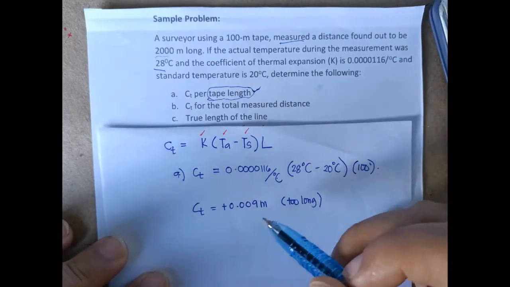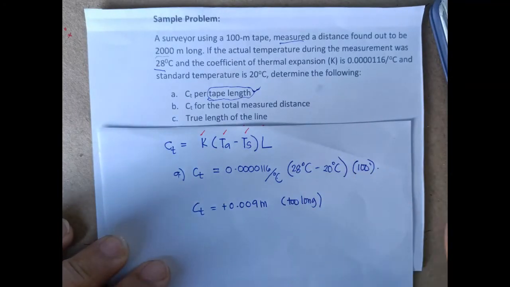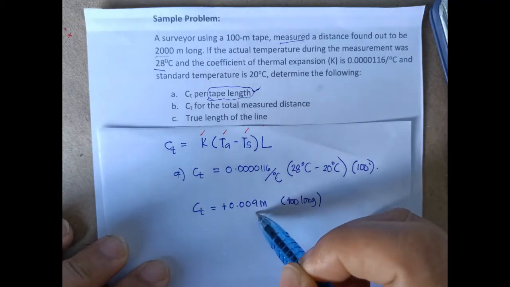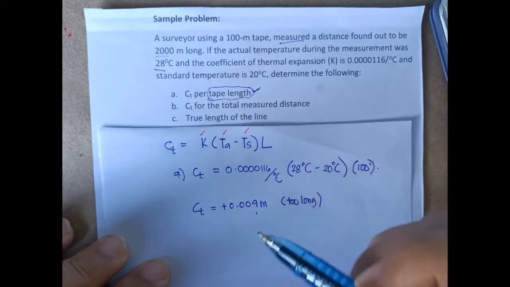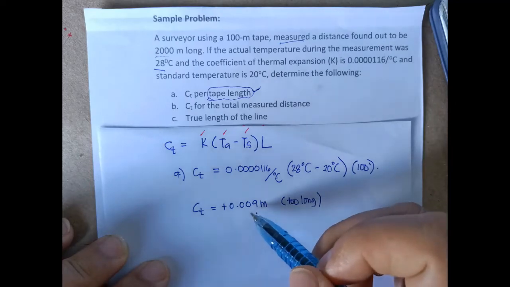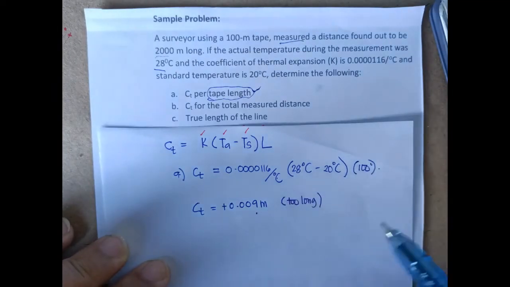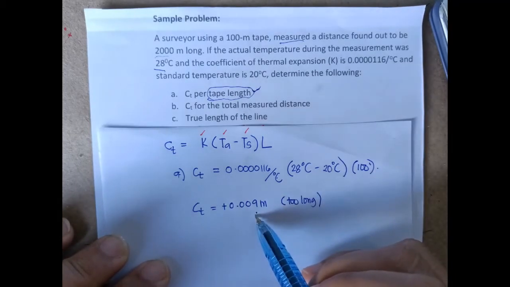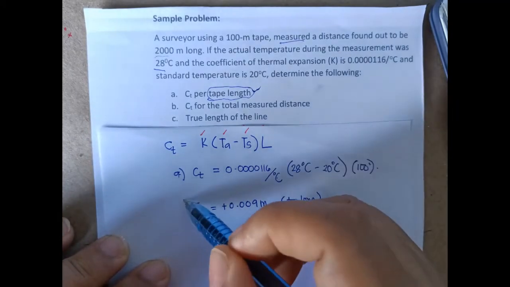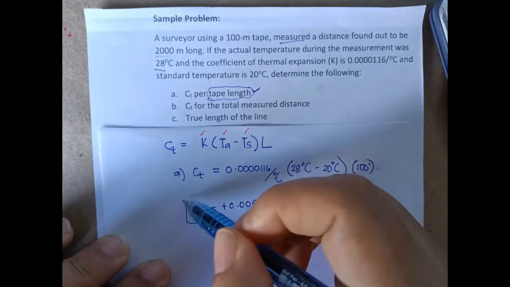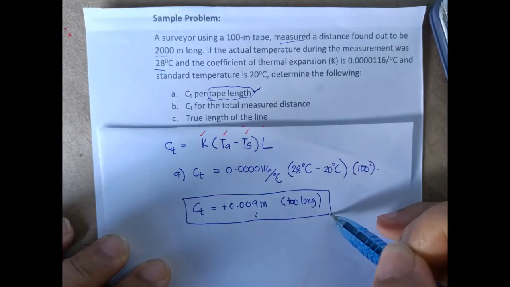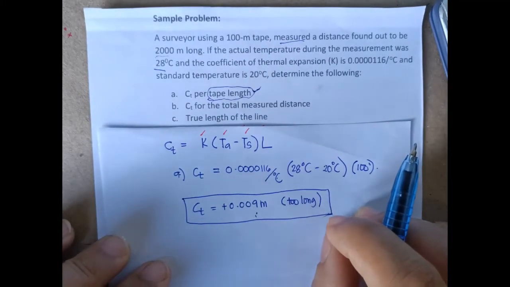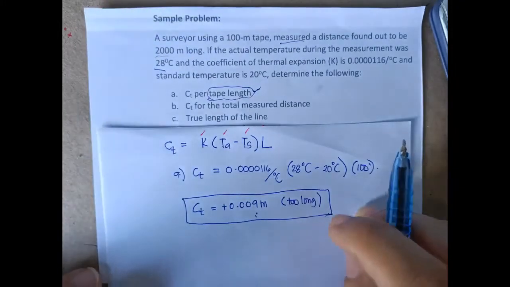Meaning to say, in every one full tape length, there is an error of 0.009 meters, and that error should be removed by using this correction. Depending on whether it is measurement or laying out, it can be added if it is measurement, or subtracted if it is layout.